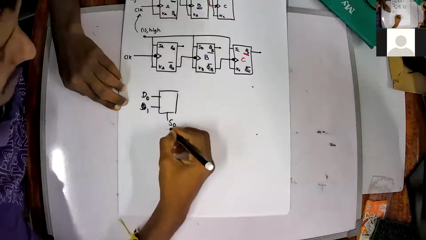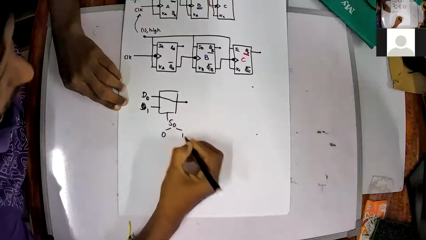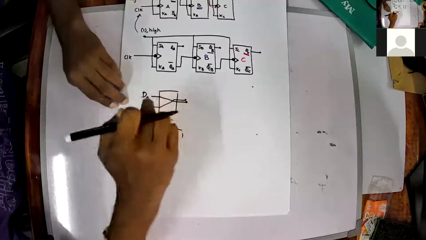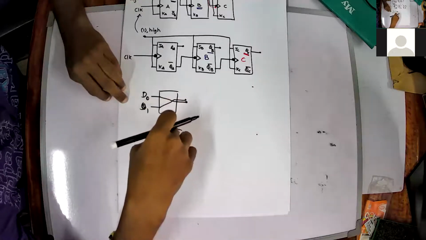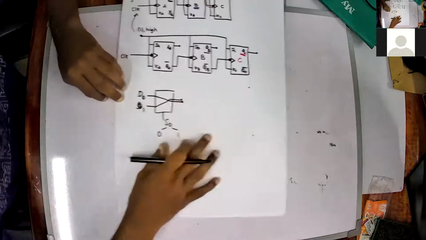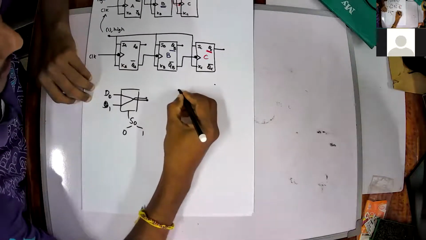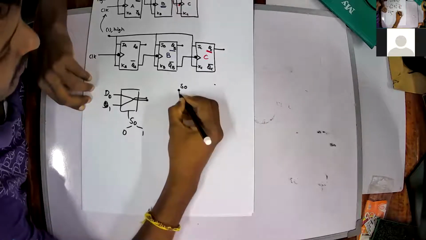If S0 is 0, D0 will be connected to Y, and if S0 is 1, then D1 is connected to Y. So we are going to use a 1-bit or 2x1 multiplexer in the middle. The circuit of a 2x1 multiplexer is actually this; this is my S0. We have seen this in our last class.